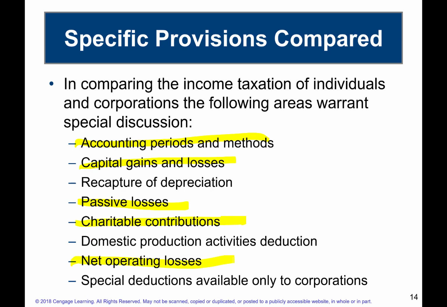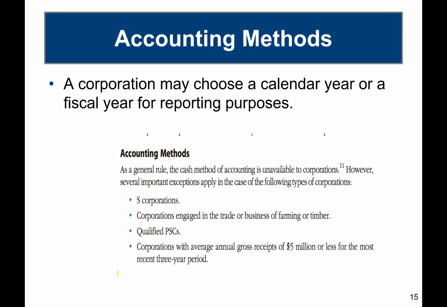We'll talk about how we handle net operating losses. And then special deductions available only to corporations. That sounds like more than it is. We'll talk about things like startup costs, those sorts of things, and how we're going to treat those, which obviously are not relevant for individuals. Okay, so let's just go ahead and take a look at accounting methods.